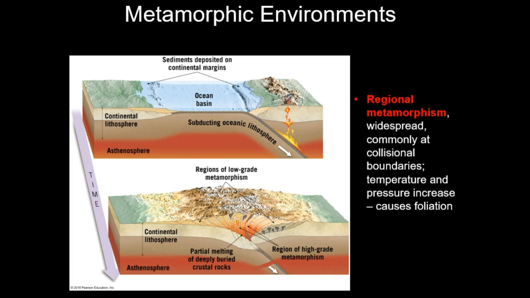These two plates converging result in a lot of mass being thrust upwards, but a lot of mass is also pushed downwards. This mass pushed downwards will experience a high temperature and high pressure environment, which mostly has differential stress, which causes deformation to the rocks.